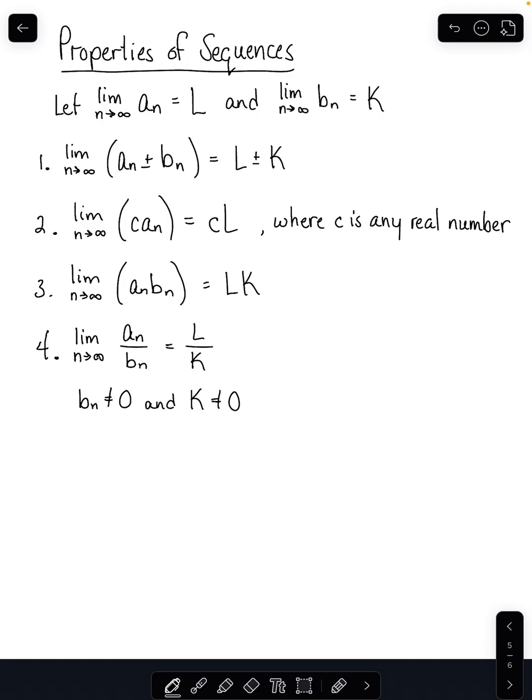There is another property or theorem that follows from this as well, and it is known as the squeeze theorem for sequences.